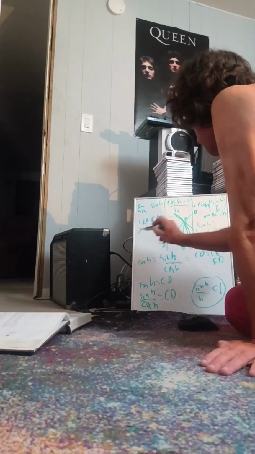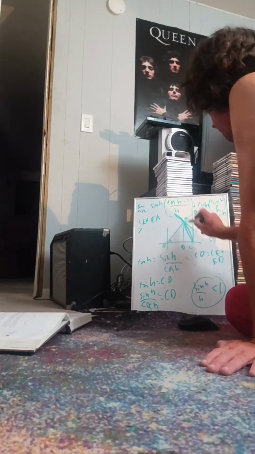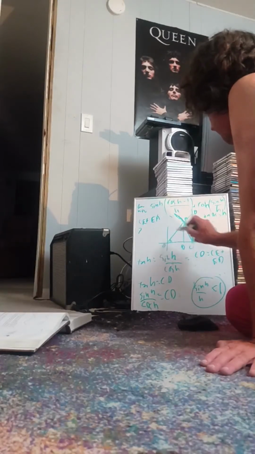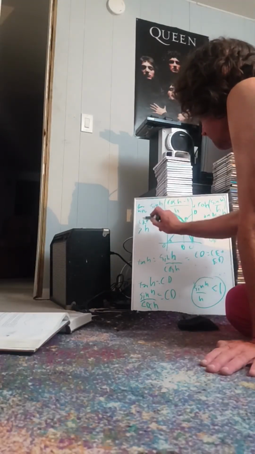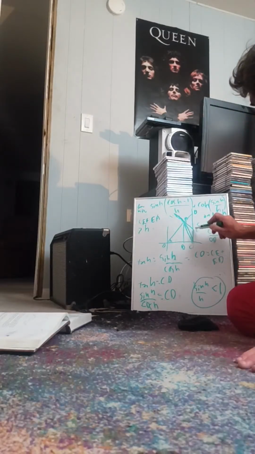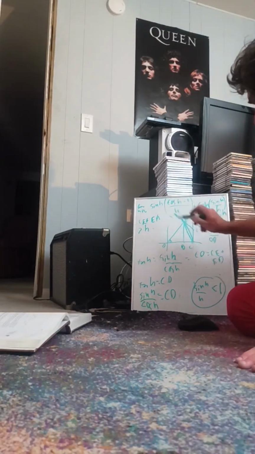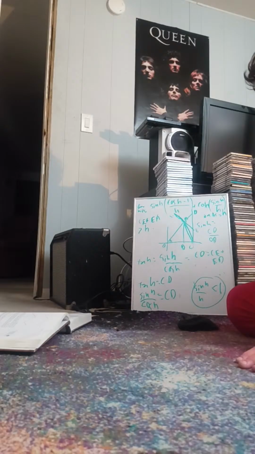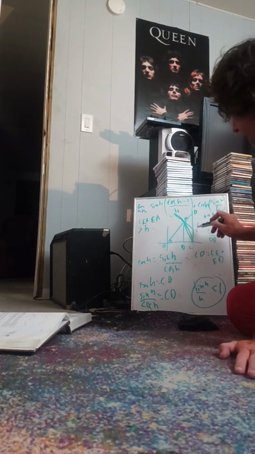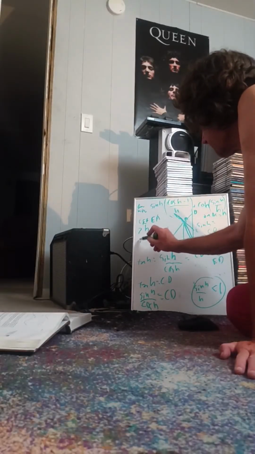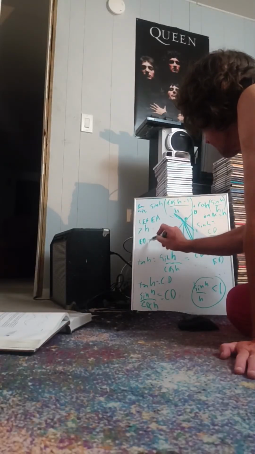is greater than the tangent, than the arc AC, which is h. CE plus EA is greater than h. But ED is even greater than EA.